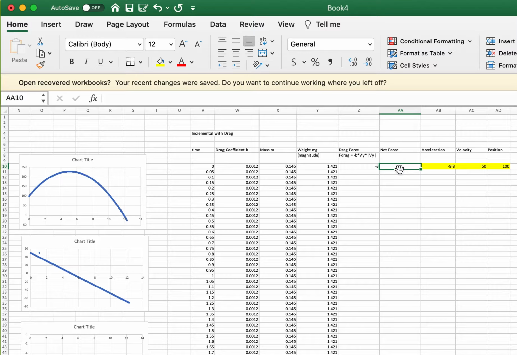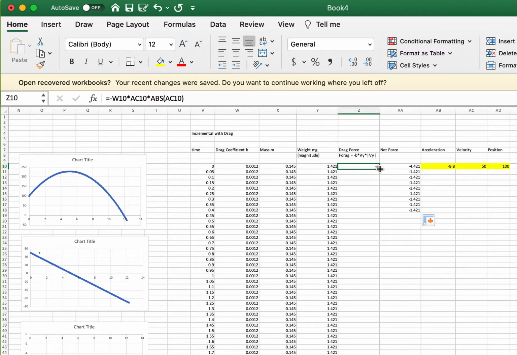What we can do then is sum them together, but keeping in mind that the weight needs to point downward. So I could do negative mg, which would be negative y10, plus my drag force, which would be z10. Alright, that gives me supposedly the net force.